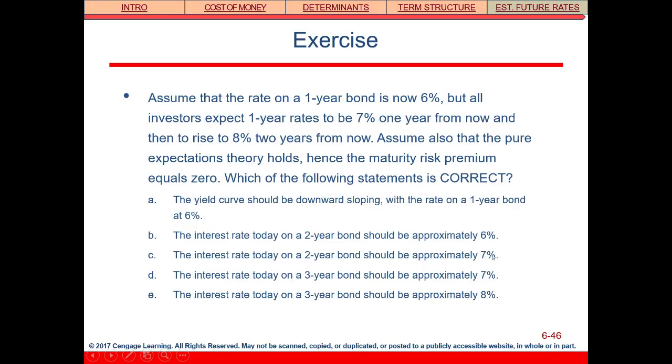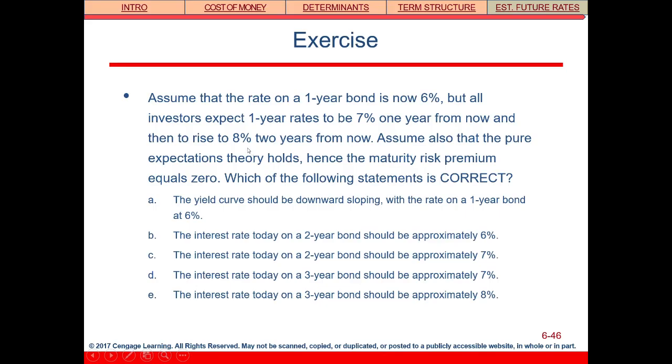Should be in between. But for a 3-year, let's say the 3-year rate is y. So (1 plus y) to the power of 3, not squared, will be equal to (1 plus 6%) times (1 plus 7%) times (1 plus 8%).